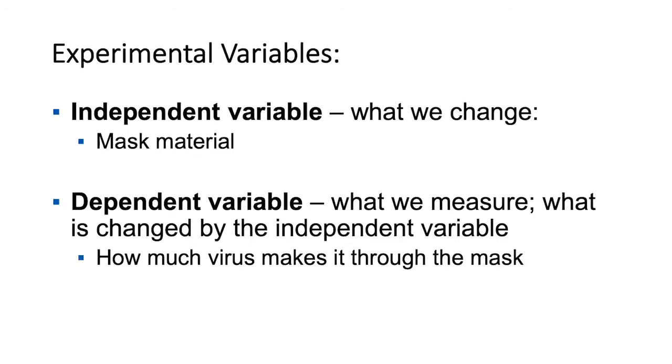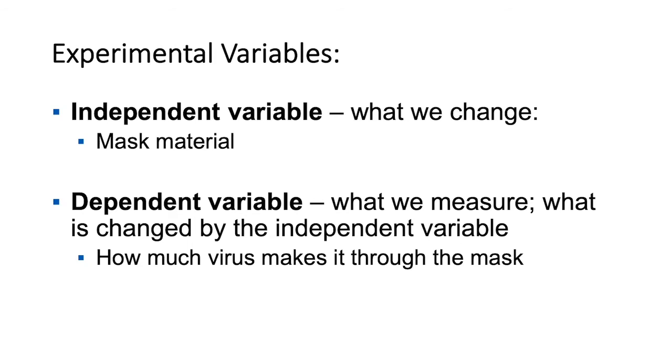One thing that we talk about a lot, that can be a little hard to wrap your mind around but you'll get it over time, is the idea of independent versus dependent variables. An independent variable in an experiment is the thing that the scientist is changing. In our case, it's the thickness of the mask material that we are changing between each trial.